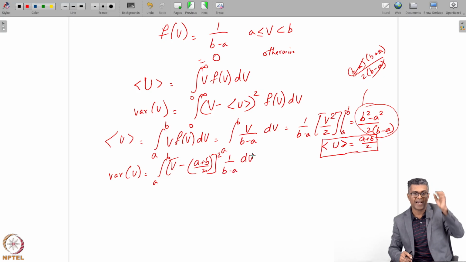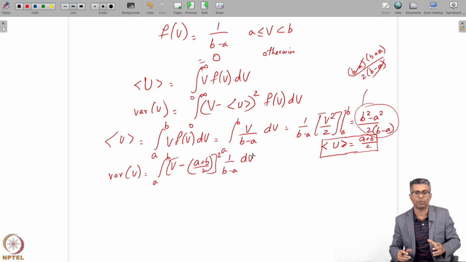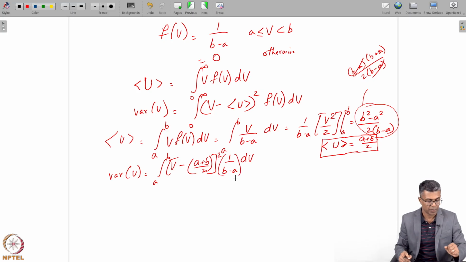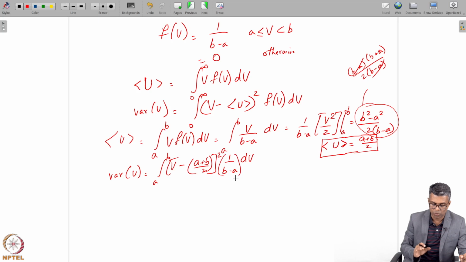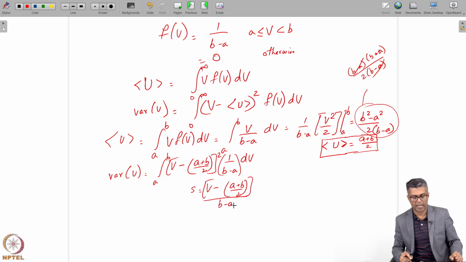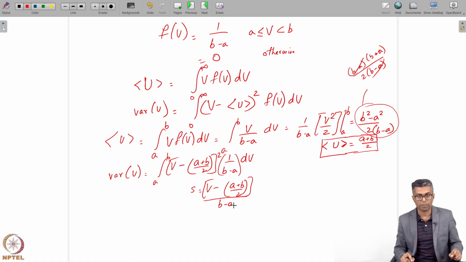Is that clear? So I have (v − (a + b)/2) squared times 1/(b − a) dv. Now I have to integrate this. Just so that I can make my integration slightly easier, I will make the substitution that s is equal to (v − (a + b)/2) divided by (b − a).